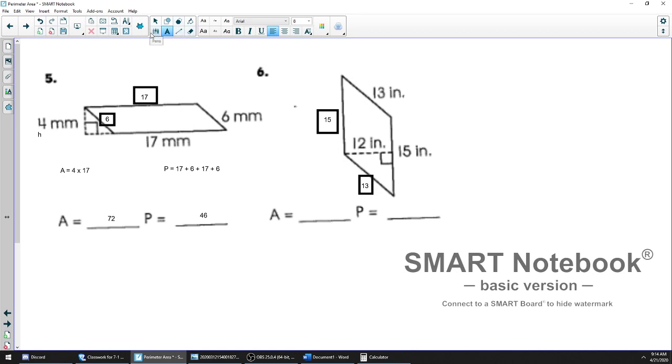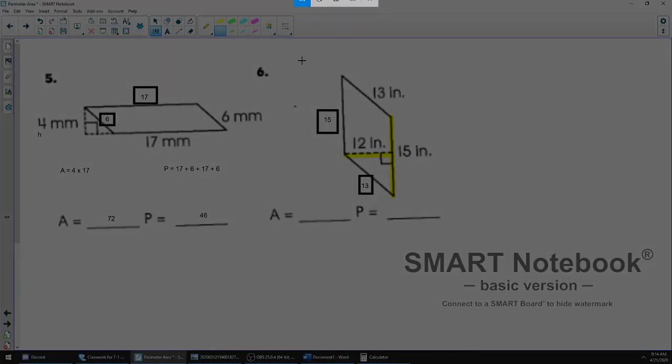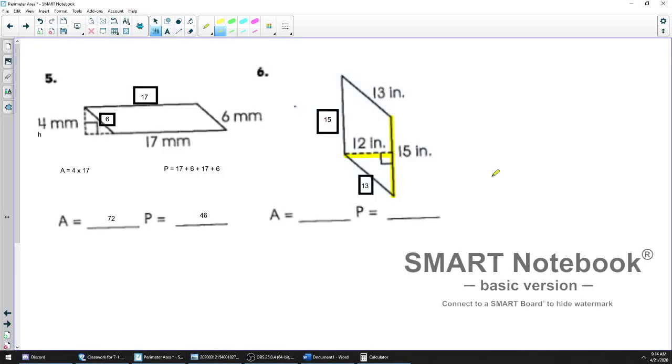Now what is my base and height? This one's slightly trickier, but if you can see, right here is your base and your height. Remember when I said it makes a right angle? You know this is going to be your height, and this is going to be your base. Just to show you, look at this.